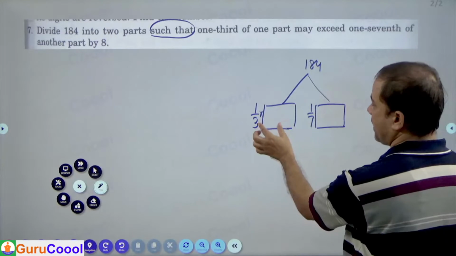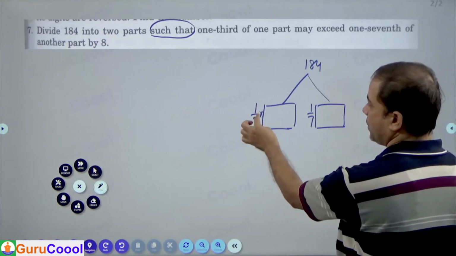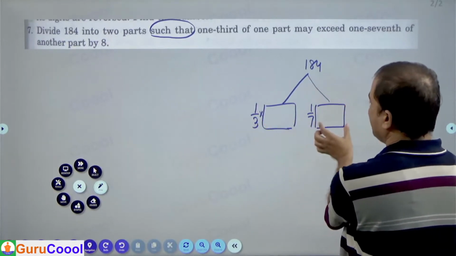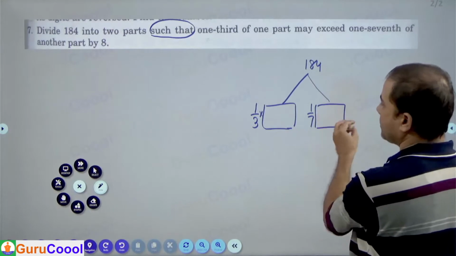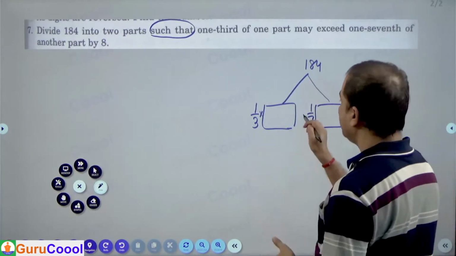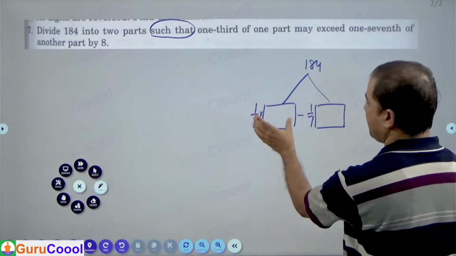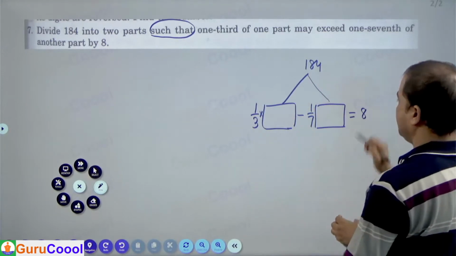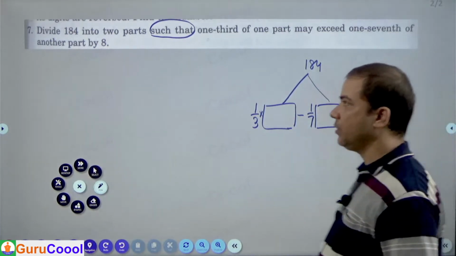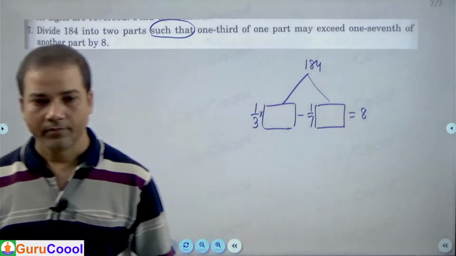Means the first part where you have made 1/3 will be bigger, and 1/7 of the second part will be smaller, but how much smaller? 8. So if you subtract bigger minus smaller, you will get 8. Understood the condition or not? Yes, sir.